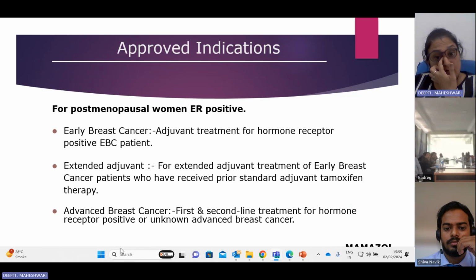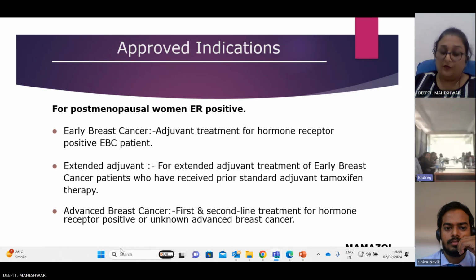So in advanced breast cancer, it can be given as first line treatment and also as second line treatment, whether the patient is ER positive, or if you don't know which receptor is actually responsible for breast cancer, there also patient can be given letrozole.